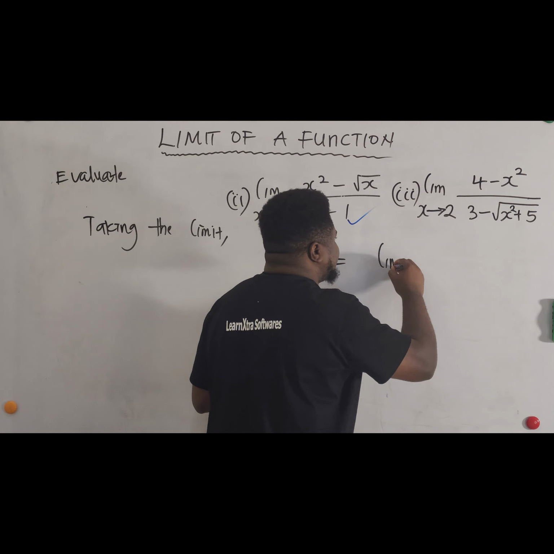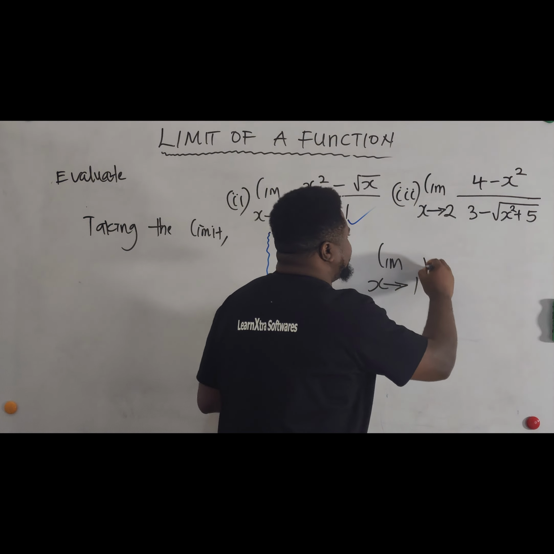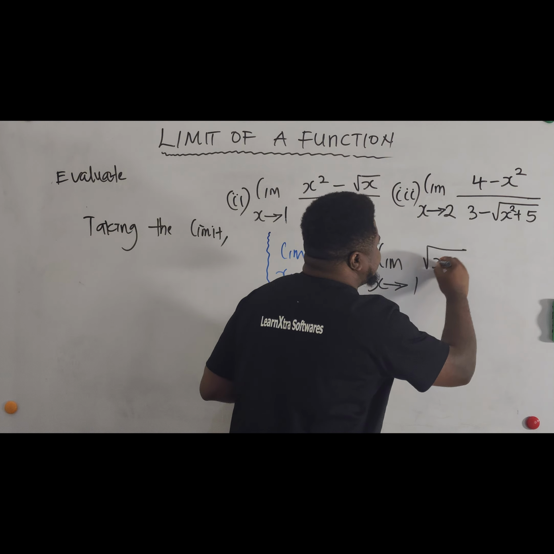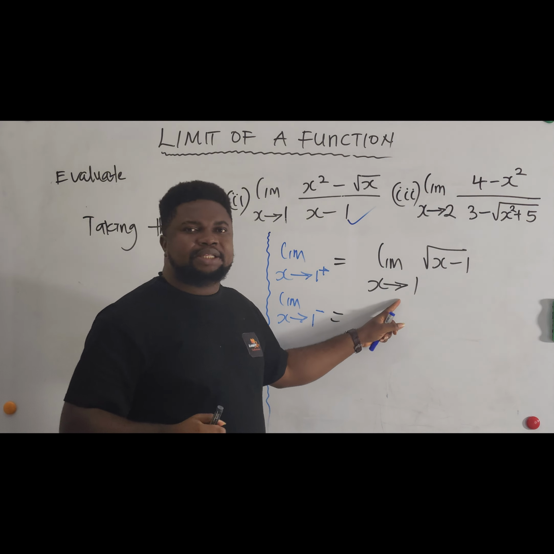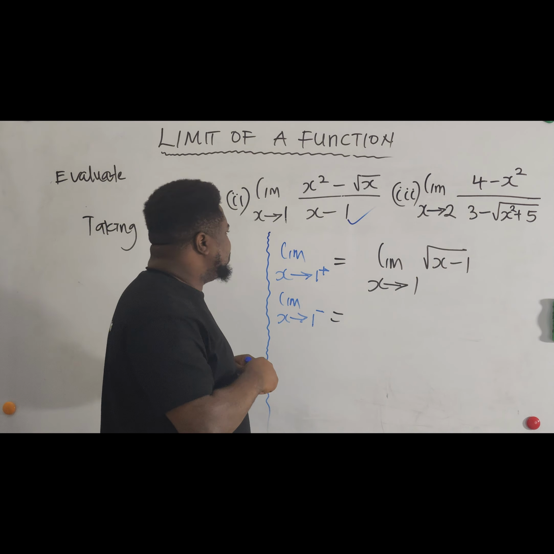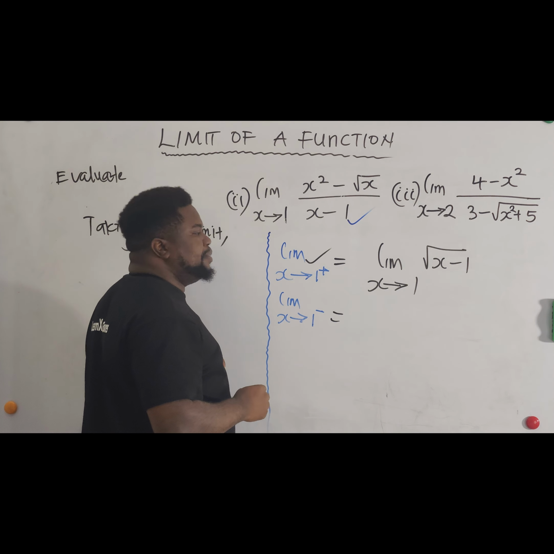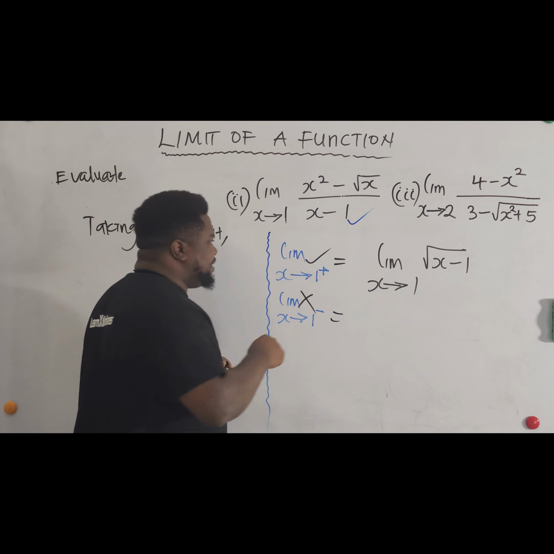The limit as s goes to 1 of root s minus 1. For this one, the only thing possible is the right hand limit. I can't obtain the left hand limit.